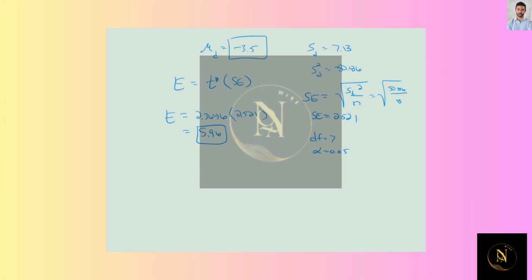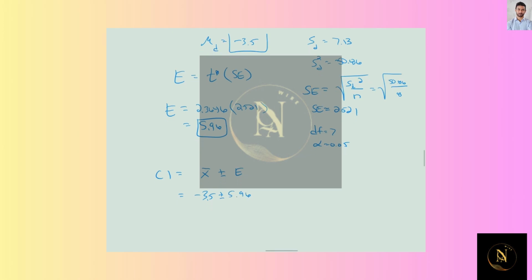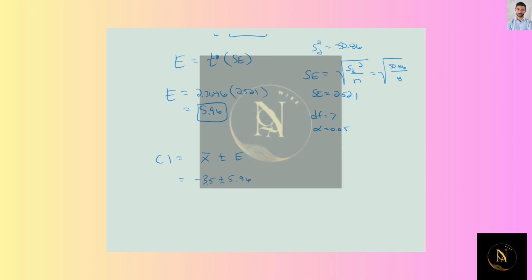And so our 95% confidence interval would be our mean, or best estimate, plus or minus the margin of error. So that's going to be -3.5 plus and minus 5.96, and we're doing this to 2 places.